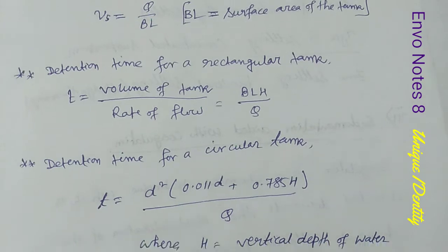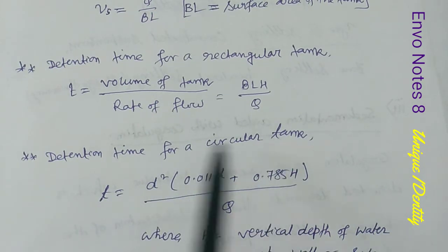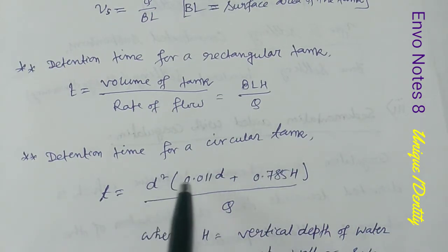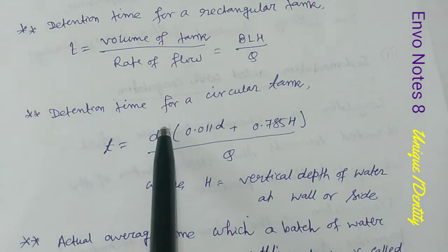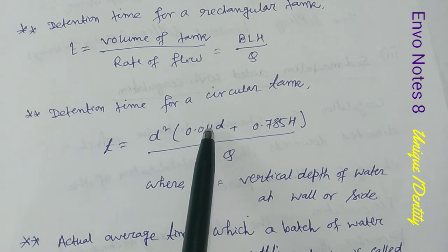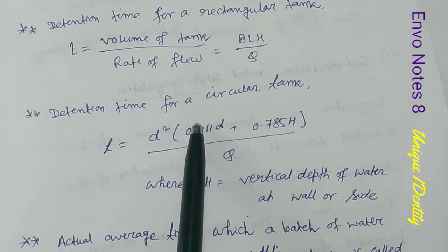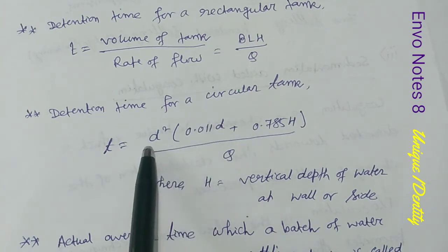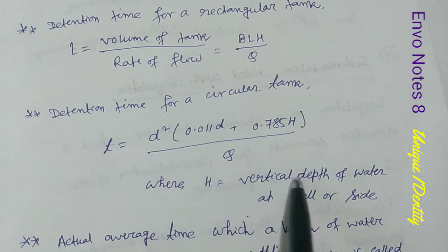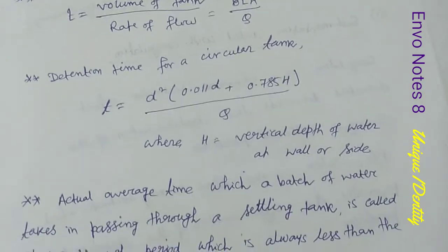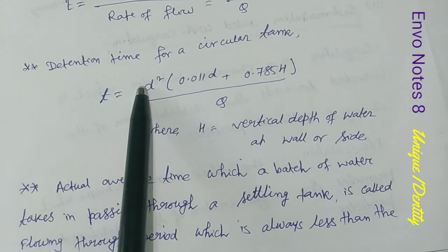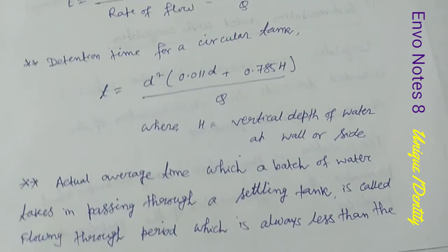And detention time for a circular tank, t equals d square into (0.011 d plus 0.785 h) by Q. This is not much important, but for extra information I am giving you. Okay, sometimes it may be required. That is why I mentioned it here. Here h equals vertical depth of water at wall or side, that means side water depth, and small d equals diameter of the tank.